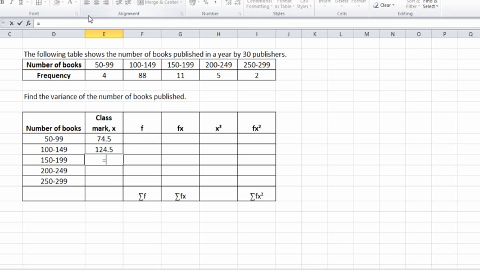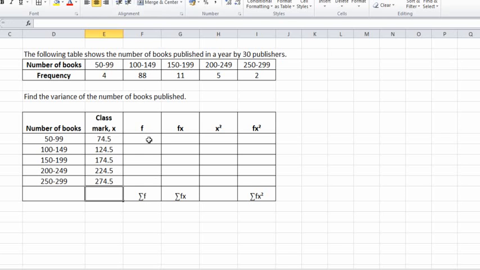This one is 149.5 plus 199.5 divided by 2. There you go. 199.5 plus 249.5 divided by 2, and this is 249.5 plus 299.5 divided by 2. There you go.